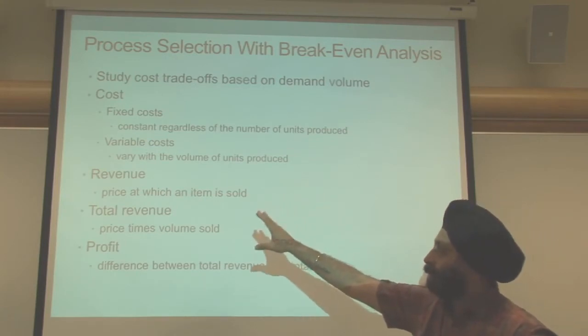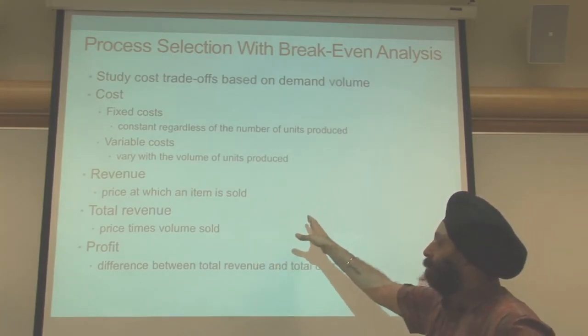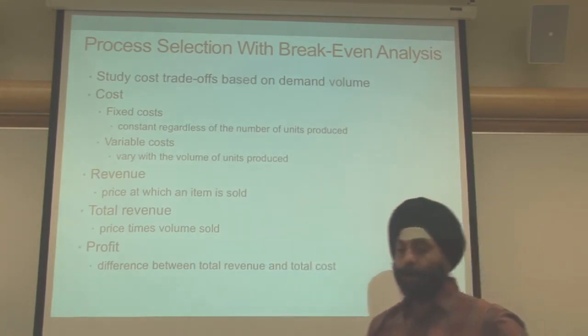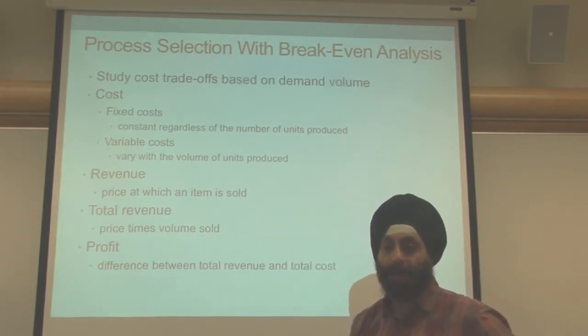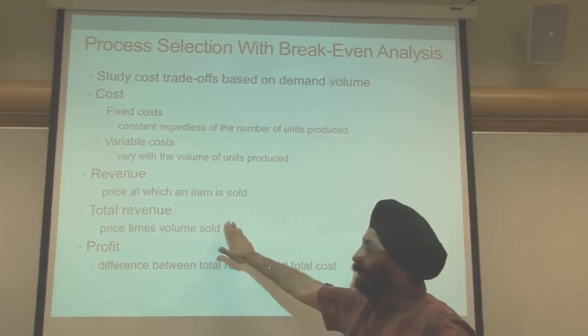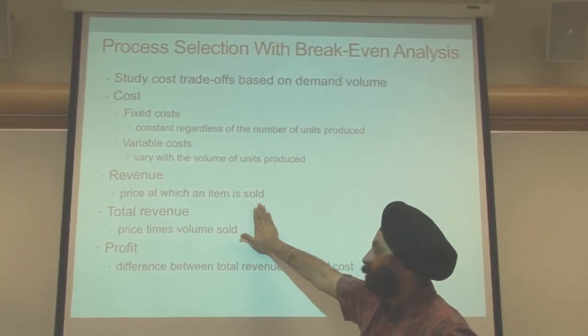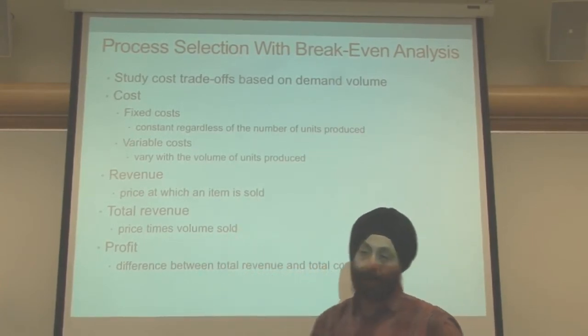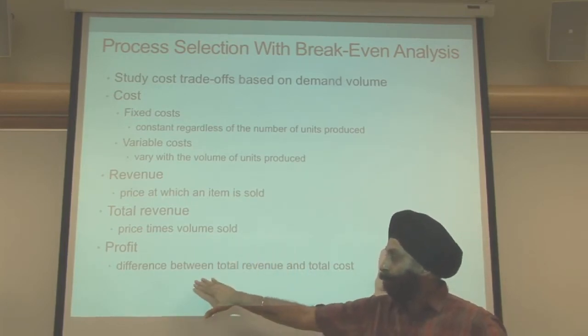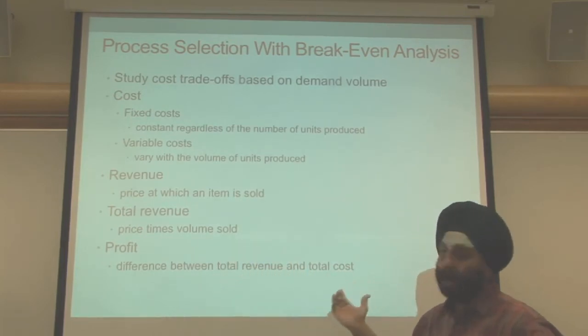And variable costs vary with the volume of units produced. So if we produce more units, the total variable cost will go up. Revenue is defined as the price at which the item is sold, and total revenue is basically selling price per unit times the volume sold. Profit is the difference between the total revenue and total cost.